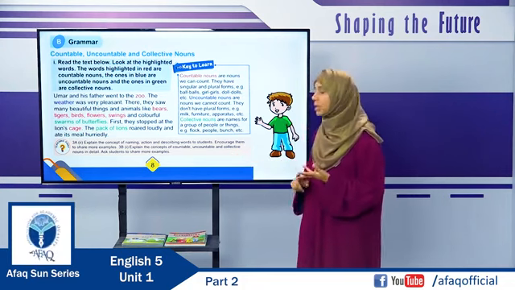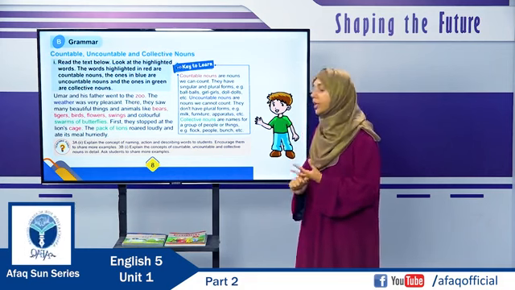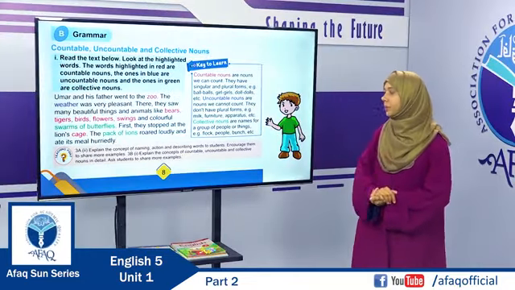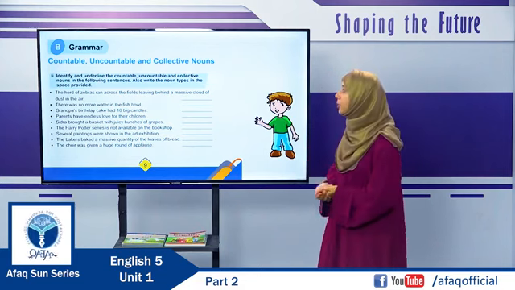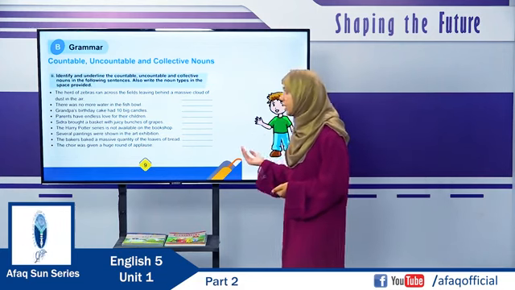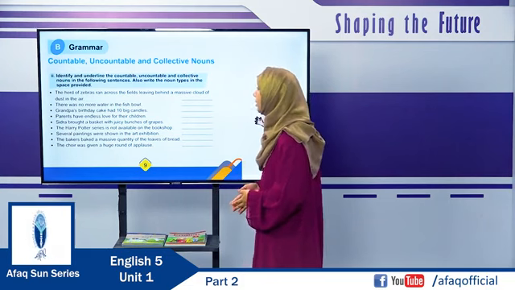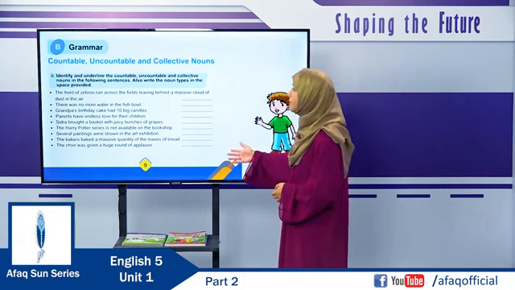There is one example of uncountable noun and there are two examples of collective nouns as well. Let's turn to page number 9 now. On page number 9, there is a practice exercise for countable, uncountable, and collective nouns. You have to identify and underline the countable, uncountable, and collective nouns in the following sentences.